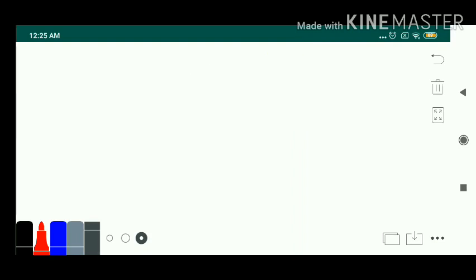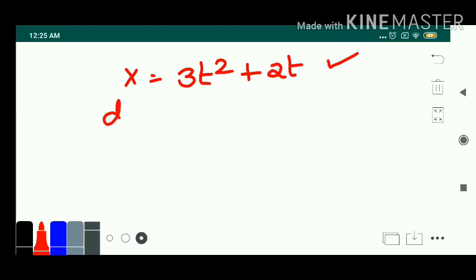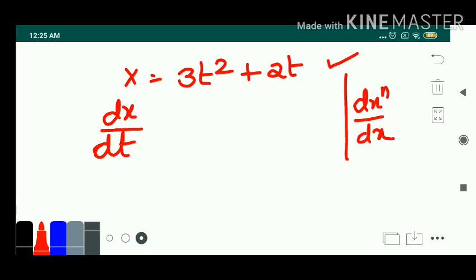So let's do a problem, guys. Suppose you are given a function x is equal to 3t squared plus 2t. This is your function and you are finding dx by dt. Very simple. Remember, the formula has d by dx of x raised to n, where both the variables are the same, but here the function is different.